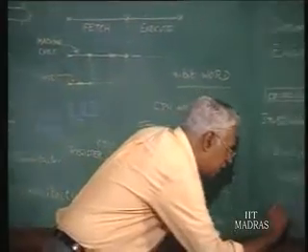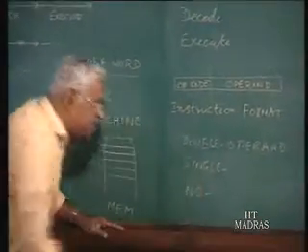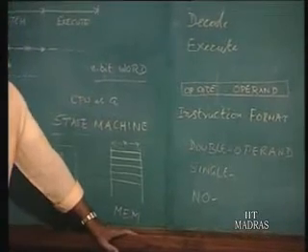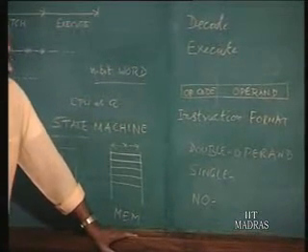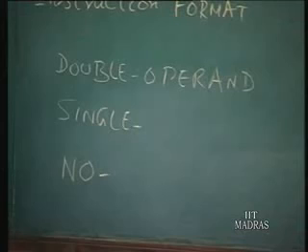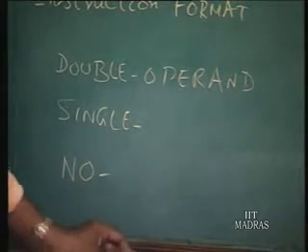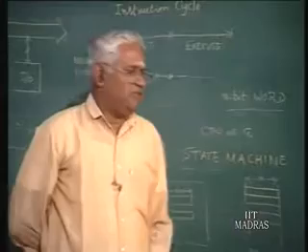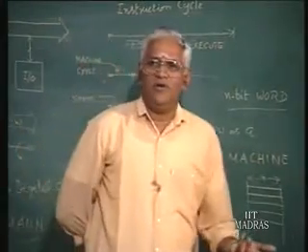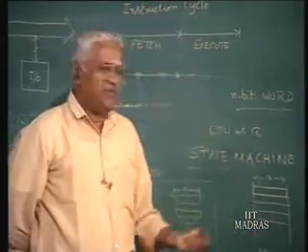And there is something in which no operand, or zero operand we say, will be referred to, right? There is no need for explicitly stating what the operand is. For instance, you simply halt the processor. Where is the operand? Absolutely no operand involved. Halt the processor.